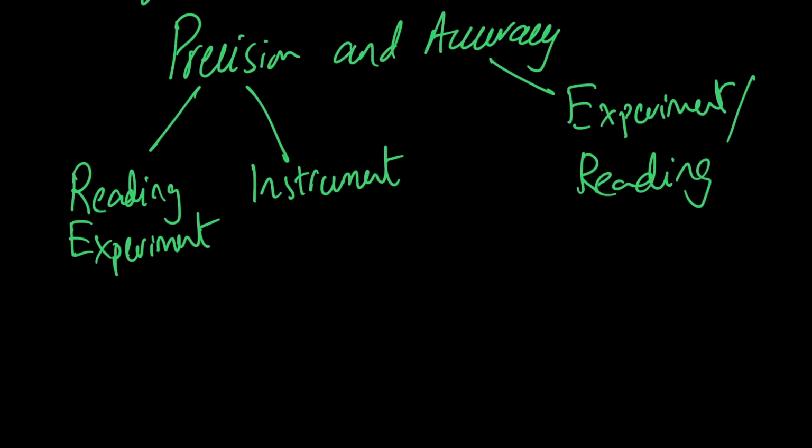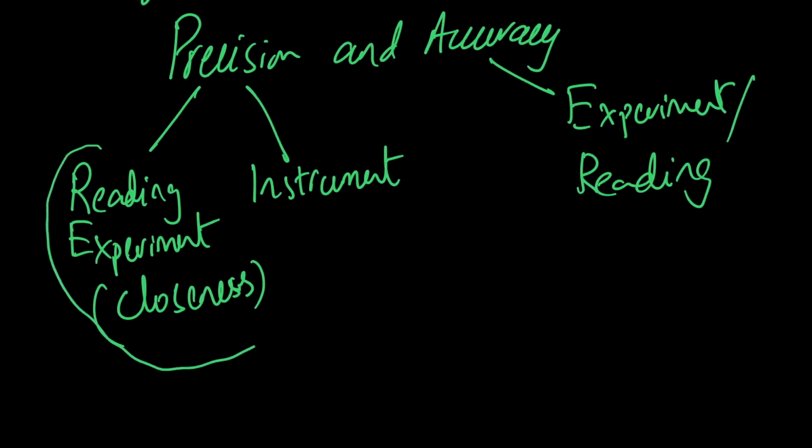So precision is basically the closeness of readings. That is what precision is. If you ask me in a single word, what is precision? Precision is the closeness of your readings. But remember that this definition only applies to experiments. Precision of an instrument, I've already told you, this is the least count of that instrument.